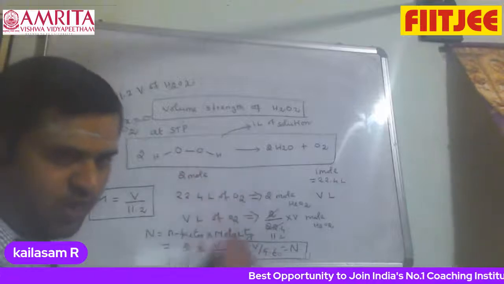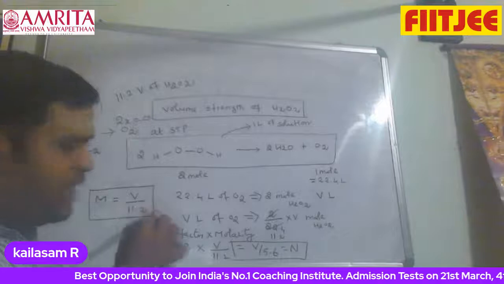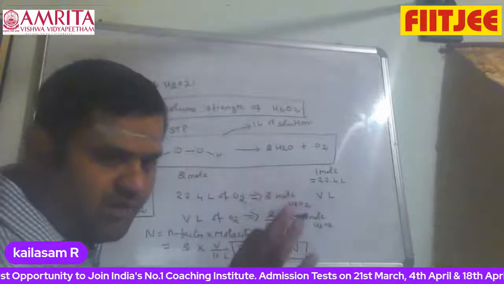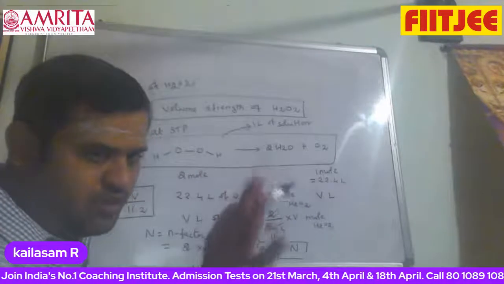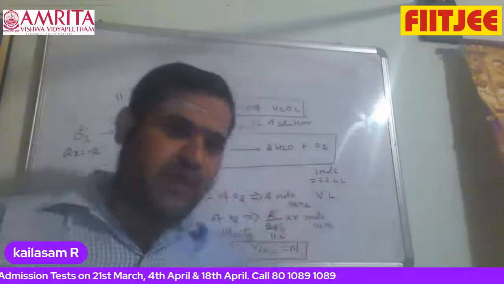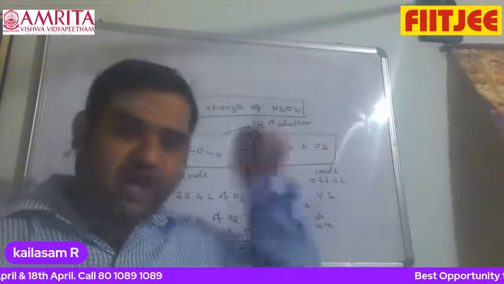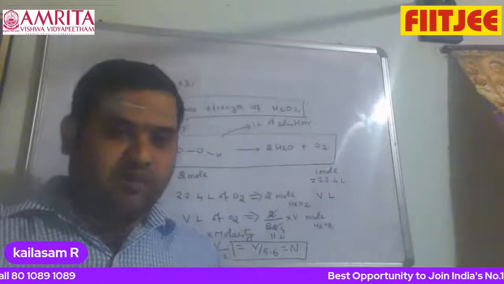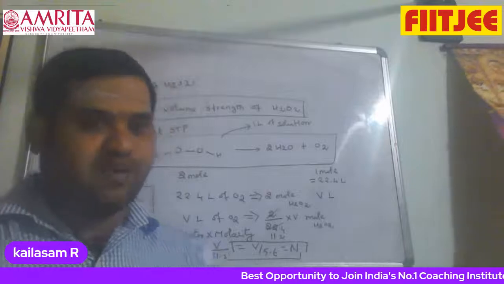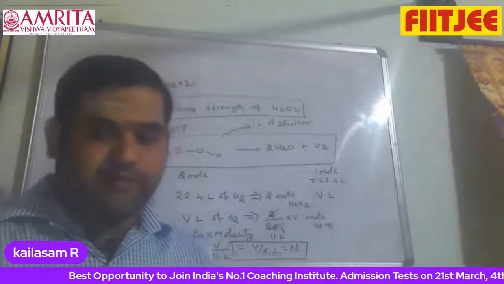We can find out the molarity: M is equal to 11.2 by 11.2, which is 1 molar. 1 molar means 1 mole in 1 liter of solution. 1 mole means 34 gram of hydrogen peroxide. So 34 gram hydrogen peroxide is present in 1 liter of solution, that means 3.4 gram in 100 ml of solution. That means 3.4 percent is nothing but 11.2 volume strength of hydrogen peroxide.